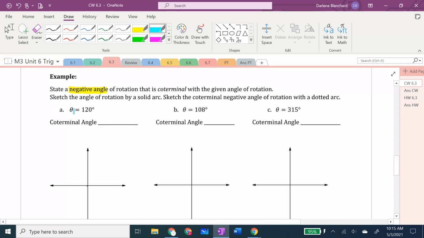If I have 120 degrees, what do I need to do to find a coterminal angle that is negative? What can I do to 120? Subtract 360 degrees.